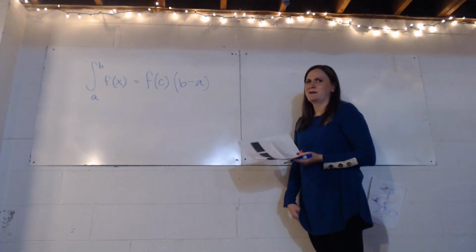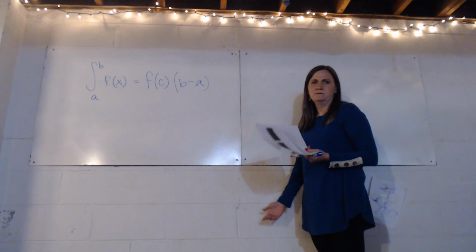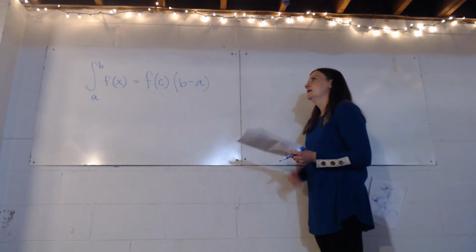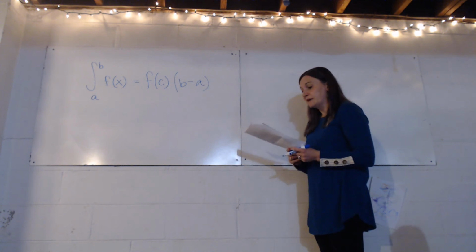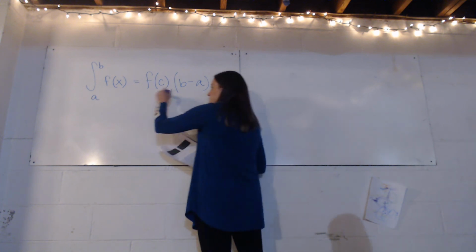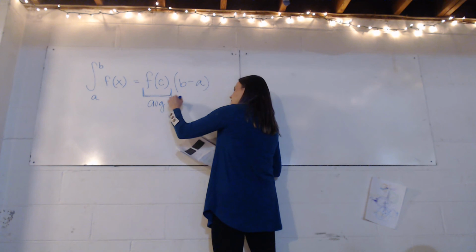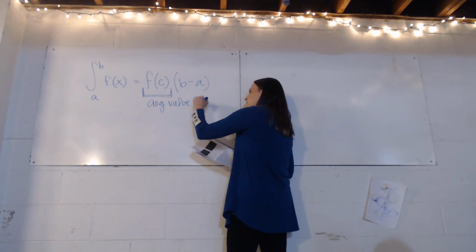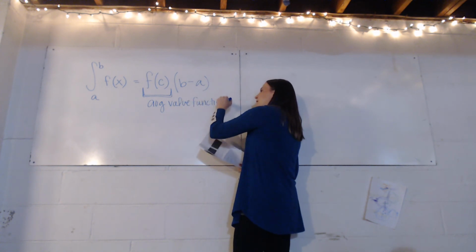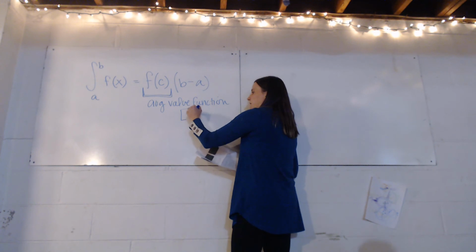So that's kind of totally abstract. What is that even saying? What is important, I'm just going to jump down to it, is that this quantity is the average value for a function in the interval a to b.